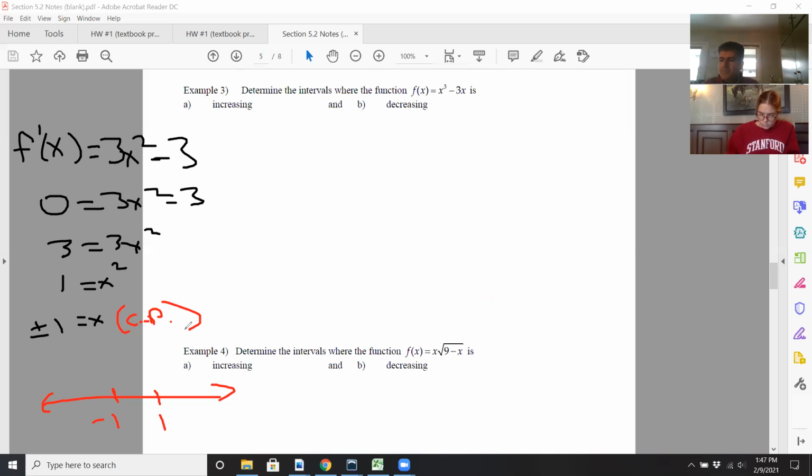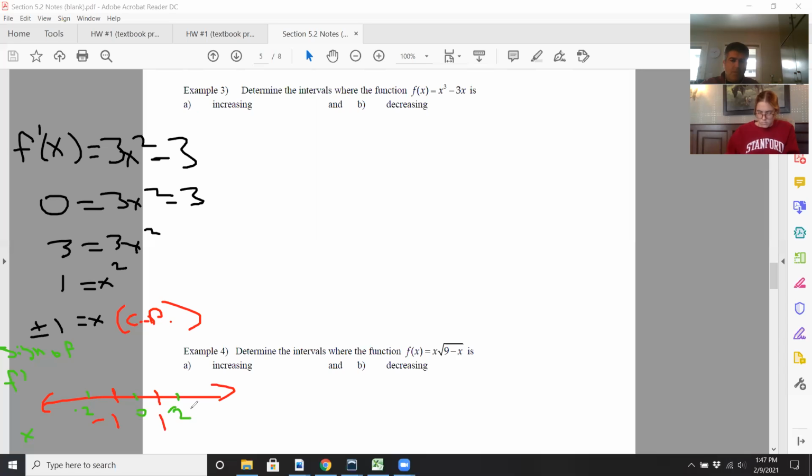Then what you do is you plug in values within each interval into the derivative. So here we're looking for the sign of f prime, and these are all x values down here.